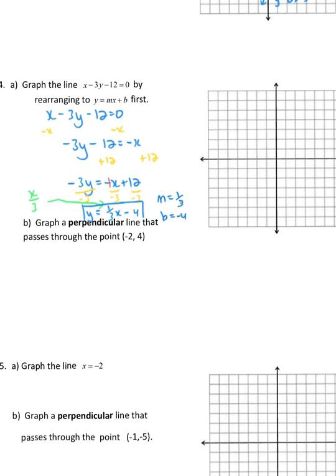So we're going to begin at -4, and then we're going to rise 1, run 3, rise 1, run 3. We could also rise -1 and run -3. And then we'll draw a line through those points, label it because we have the equation. You can label with the original equation or the rearranged form.